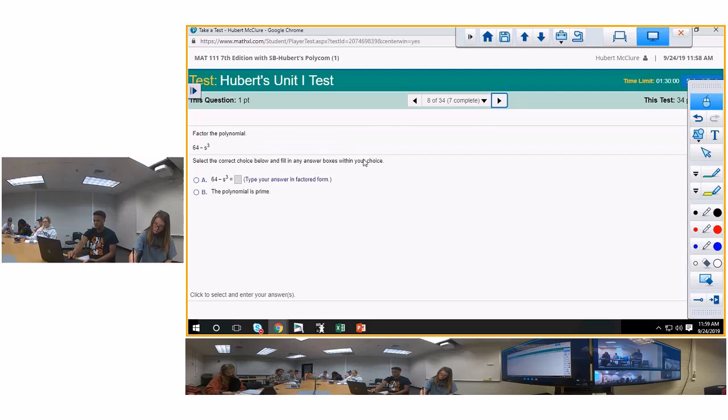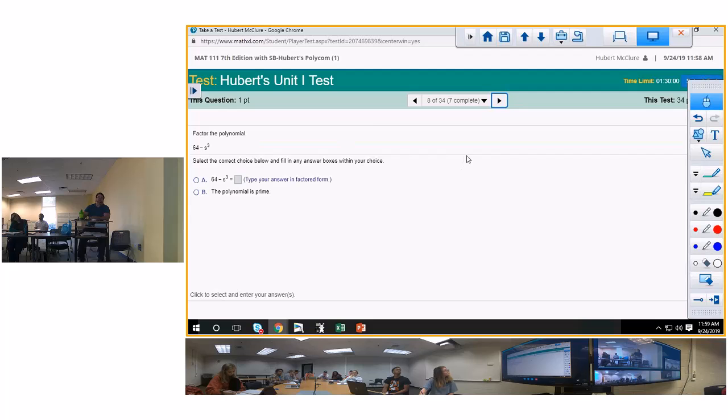Factor. Which shortcut is this? Be careful. Which shortcut is it? That means it's not rhetorical. I want you to interact with me. Y'all suck. I gave y'all the 5 shortcuts. Which one is it? It's not perfect squares.